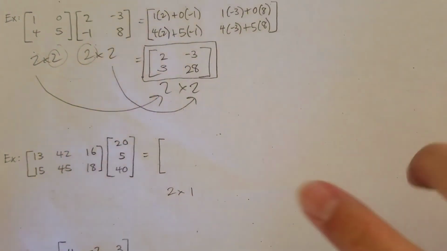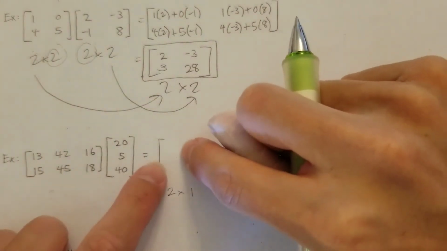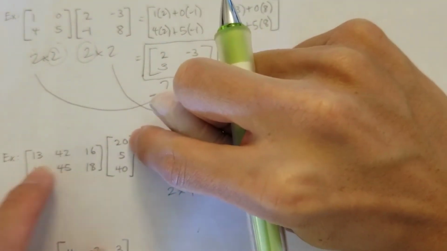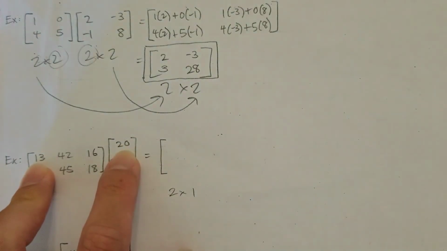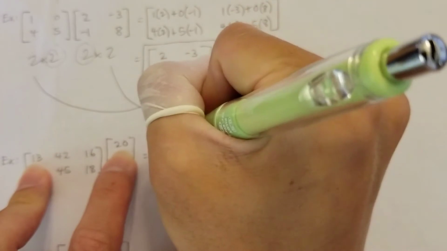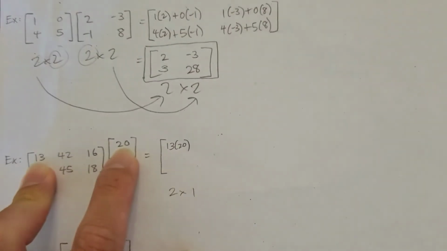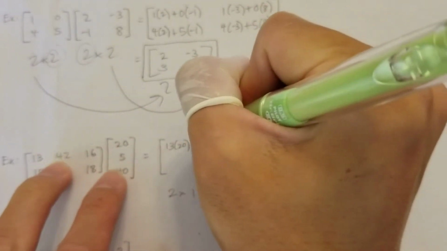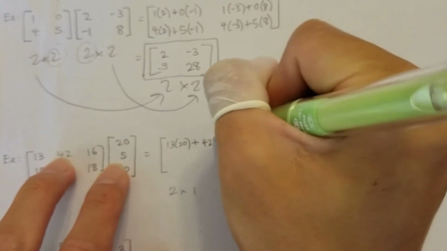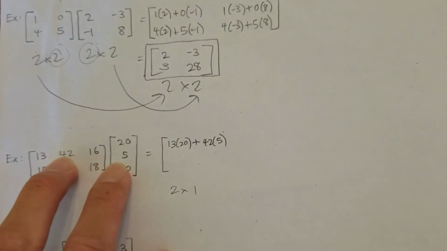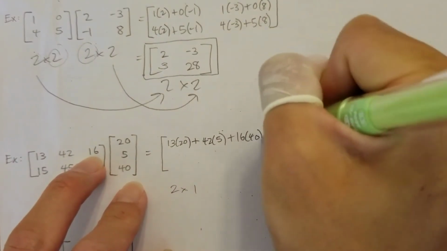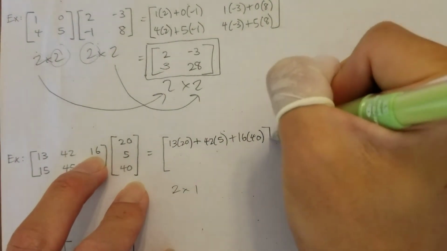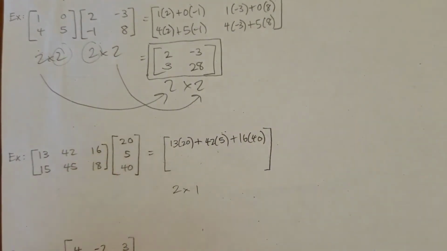So what we need to do is we need to take this number, 13 times 20. That's what goes here. Okay, next one, we're adding. So 42 times 5 plus 16 times 40.